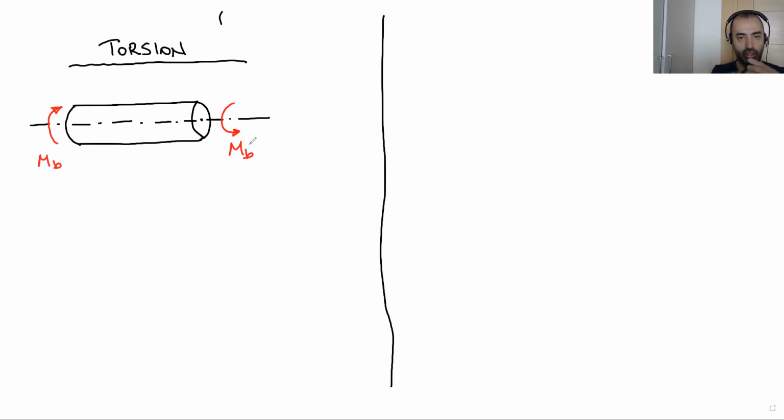It's a circular section. We apply a moment around its axis. Okay, I try to make a torsion on the section. This moment is the torsional moment. Actually, instead of B, let's write T. That's better, which represents the torsion. MT. Okay, torsional moment. This is better.